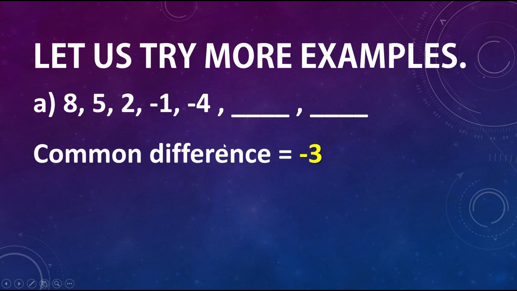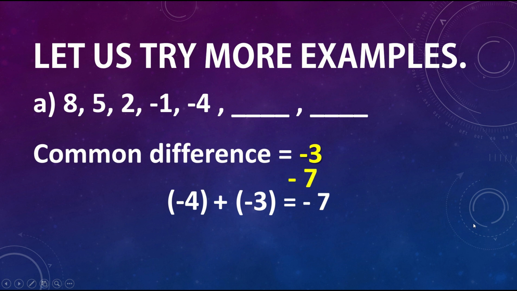So for us to get the next two terms, we need to add the common difference to the last term of the sequence. So we will have 4 plus -3. Since both are negative, our answer will be negative. Then add the two numbers, 4 plus 3, so that is -7.